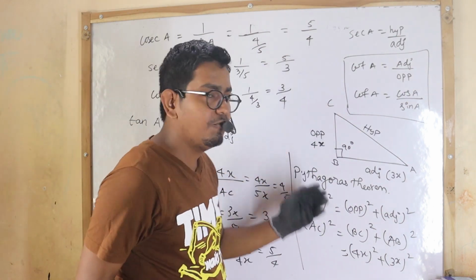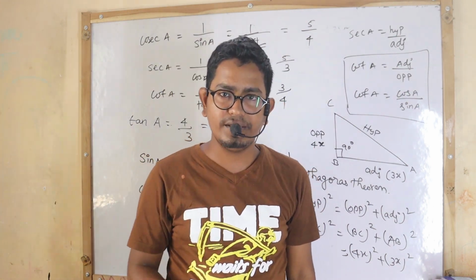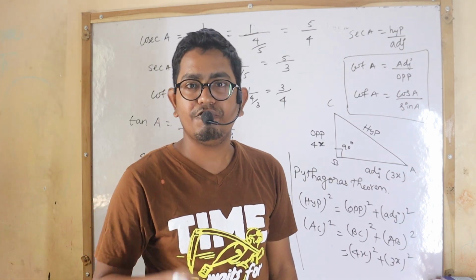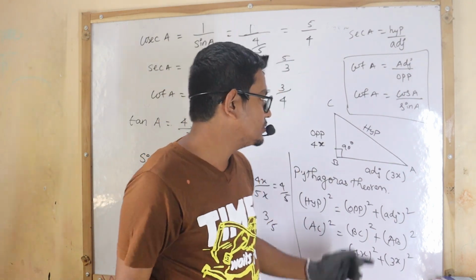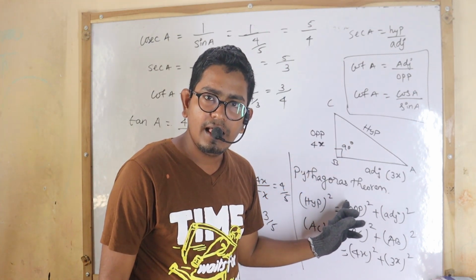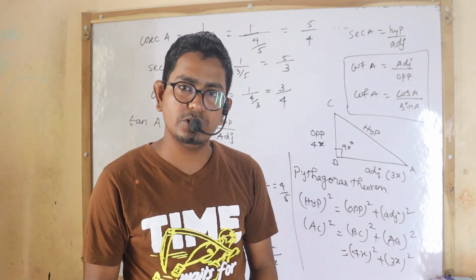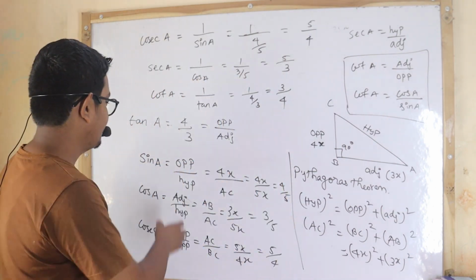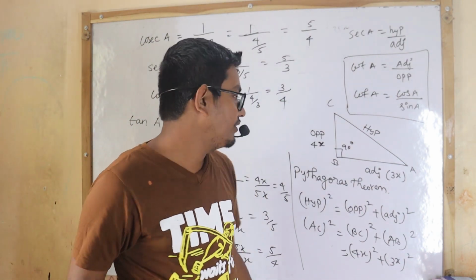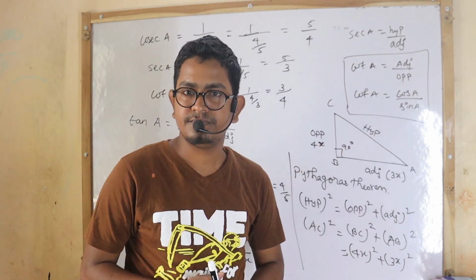Then how to find all the other trigonometric ratios? The first thing you have to do is find the hypotenuse by using the Pythagoras theorem. After finding the hypotenuse, you just apply it for each and every trigonometric ratio, as you know the values of those sides, right?